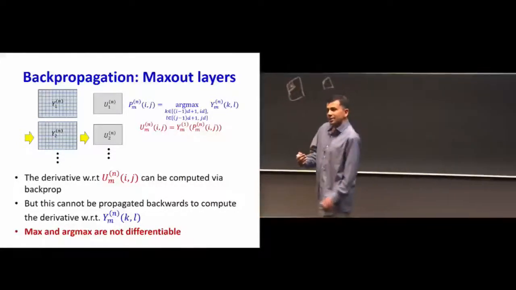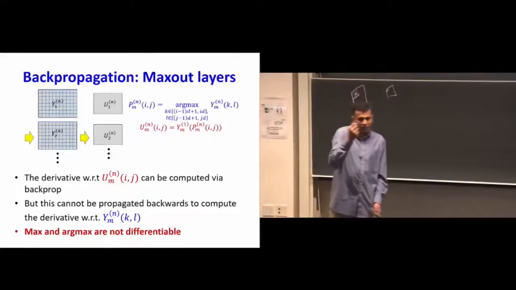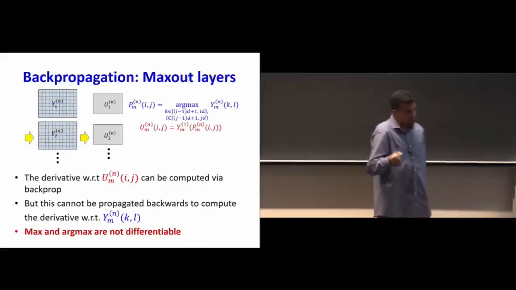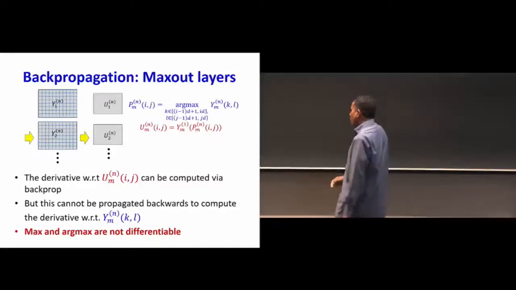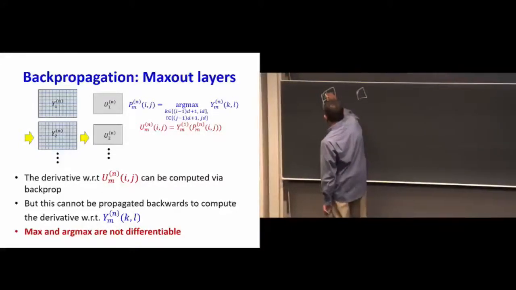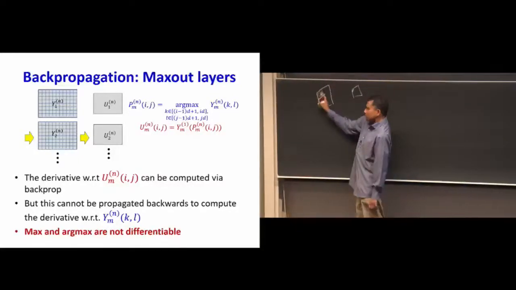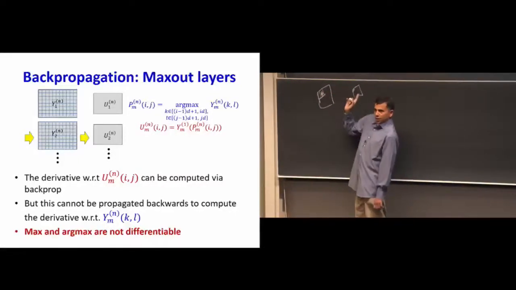Now, what exactly does a derivative mean? A derivative tells you how much changing a specific value is going to change the output. If I only copied this value to the output, then changing the rest of these guys is not going to change the output.